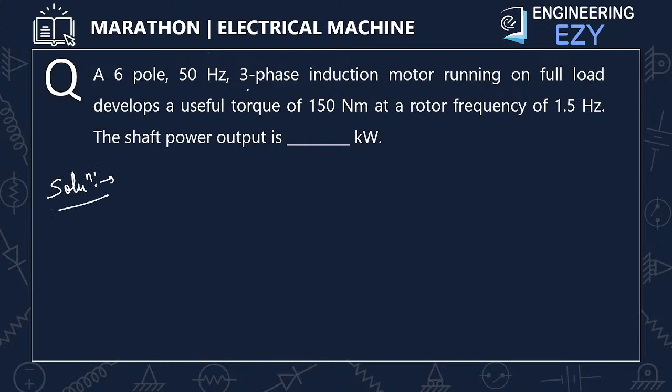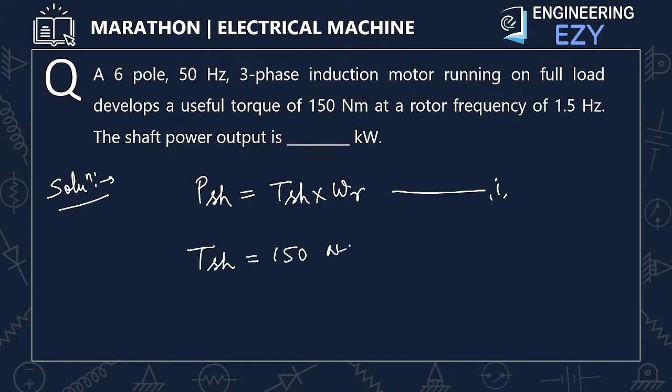Useful torque is given, that means shaft torque is given, and we have to calculate shaft power. Using the power flow diagram of the induction motor, shaft power is shaft torque multiplied by omega. This is the formula we have to use. Shaft torque is directly given as 150 Newton meter.